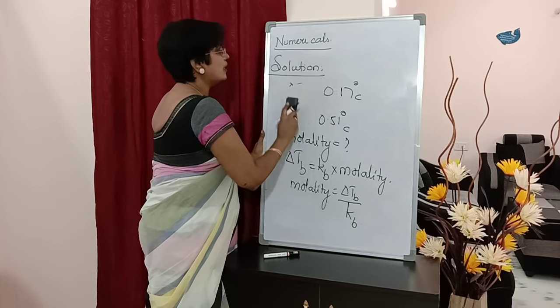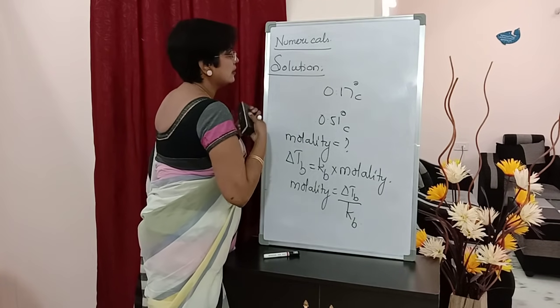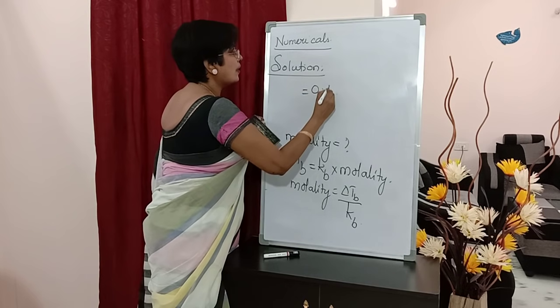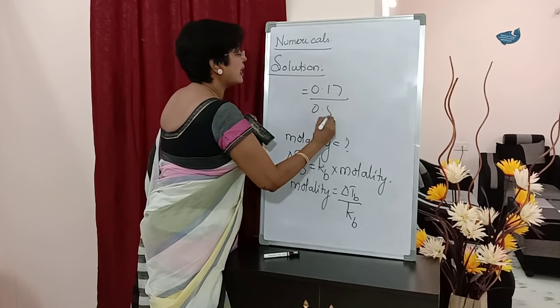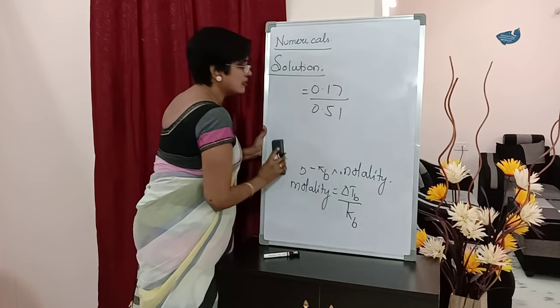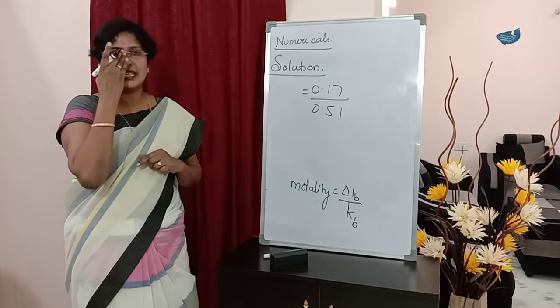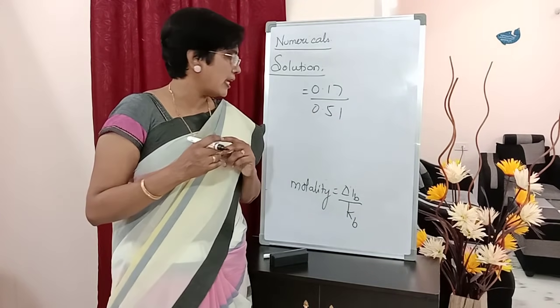So, molality is equal to 0.17 divided by 0.51.